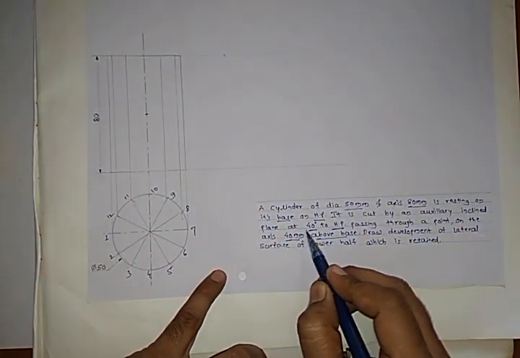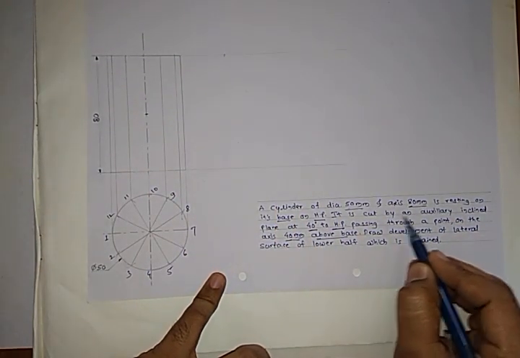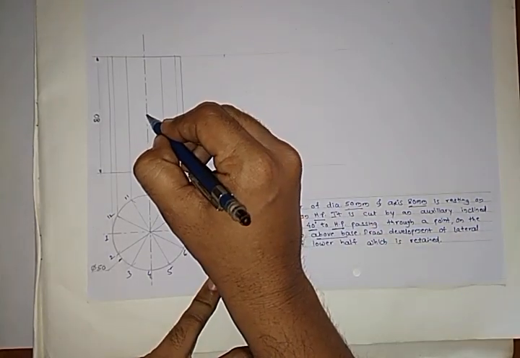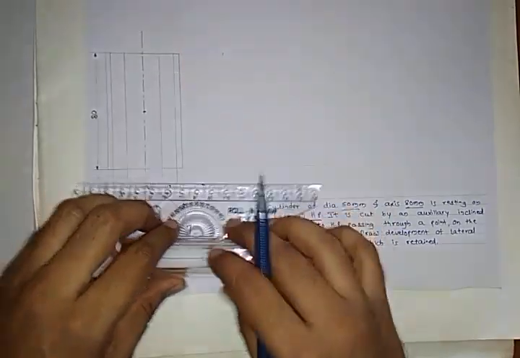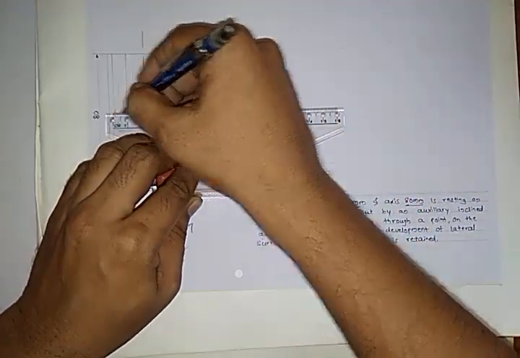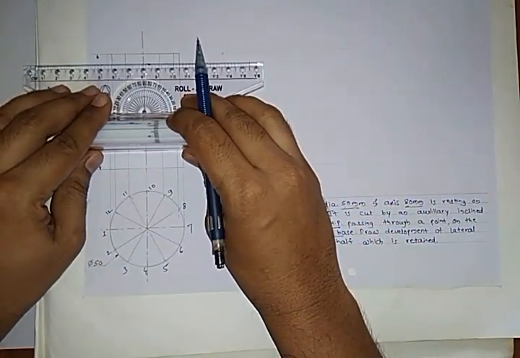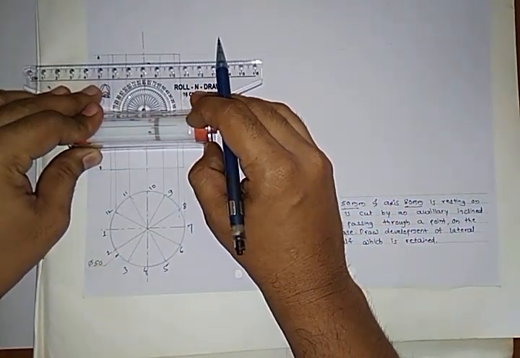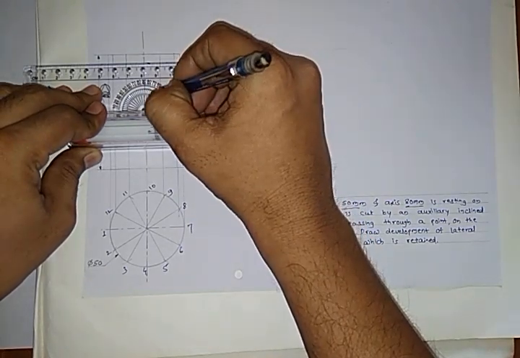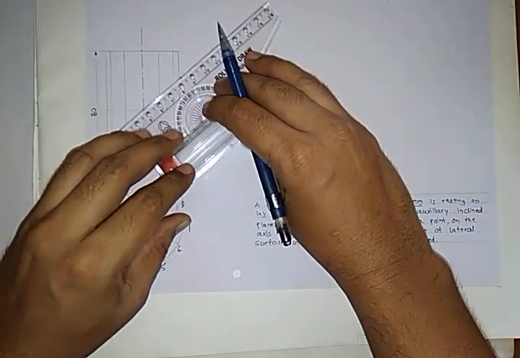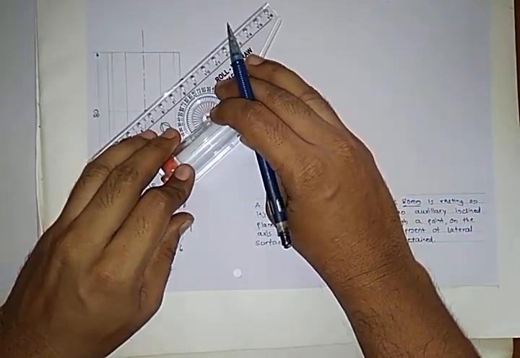Also, the position of that cutting plane is that it is cut by an auxiliary cutting plane, an inclined plane at 40 degrees to HP. Okay, so from this position you need to mark the position of that cutting plane. From the center line and exactly 40 mm above the base you need to mark that point, and through that you need to draw an inclined line having an inclination of 40 degrees with the horizontal.